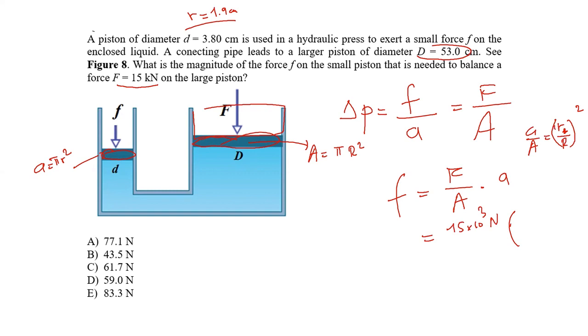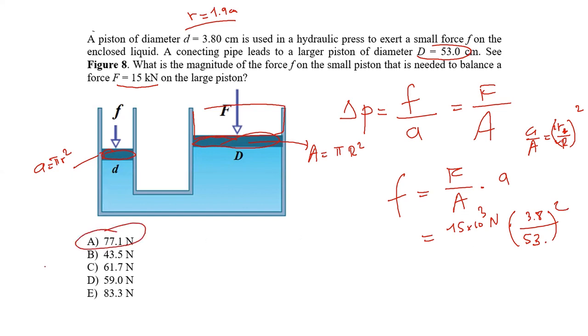I can multiply the radius by 2 up and down to get the diameters. Let me keep the diameters, because they will cancel, it's unitless. So I will have small diameter 3.8 divided by 53, squared. And you do it, you will get a small force.